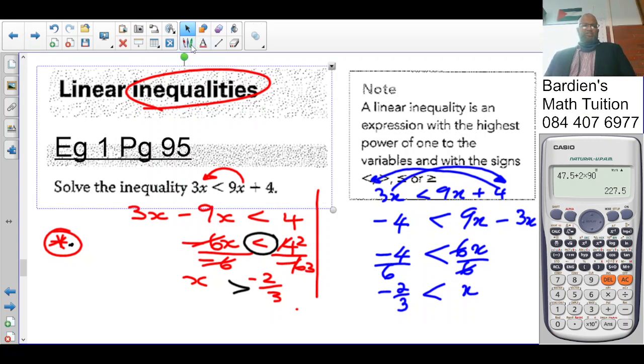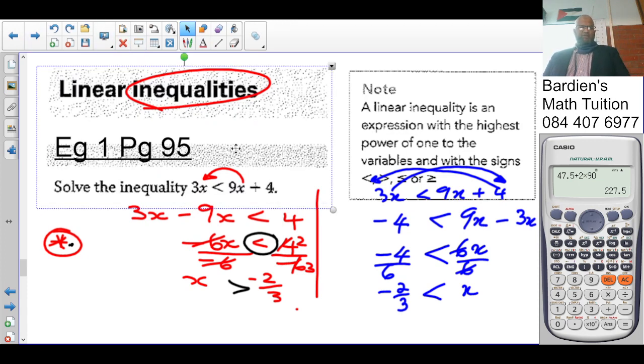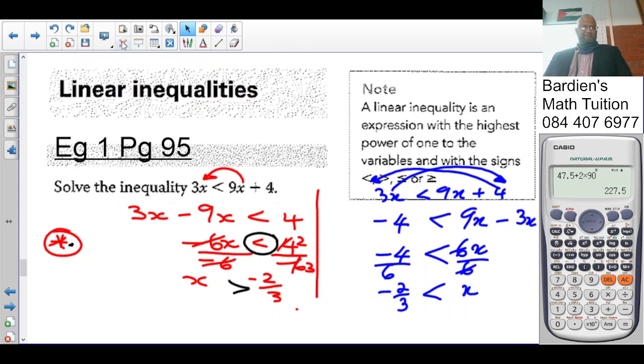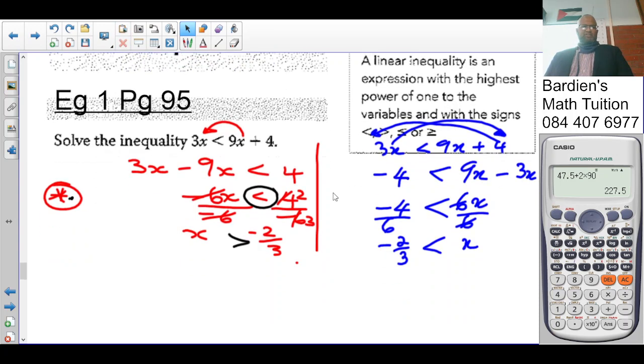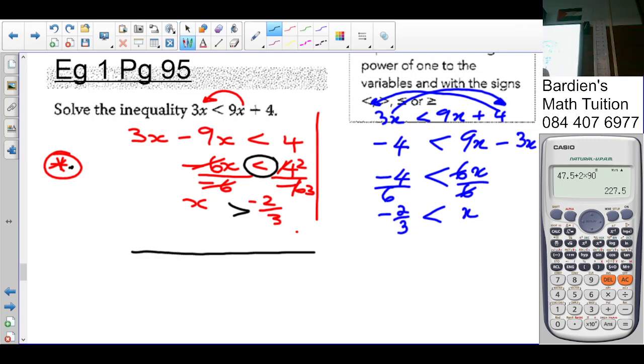So, if the question says, illustrate this answer on a number line, what we do is we draw a number line. The critical value here is going to be negative 2 over 3.